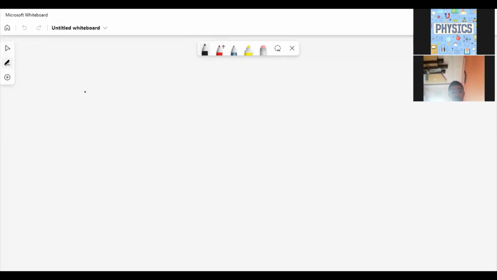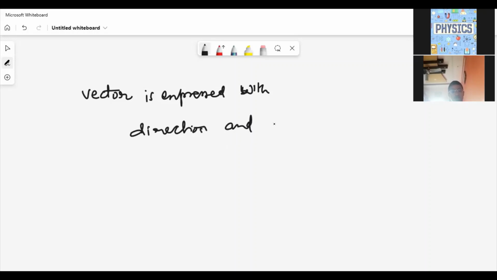Okay. Now a vector, as we know, is expressed with direction and magnitude. So it has two components. One is direction and another component is magnitude.